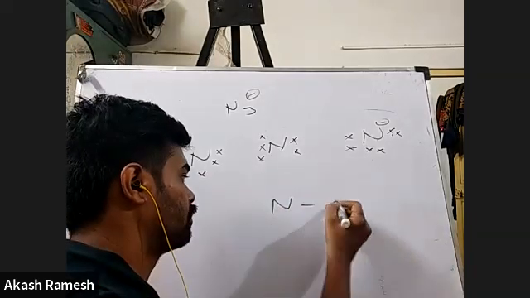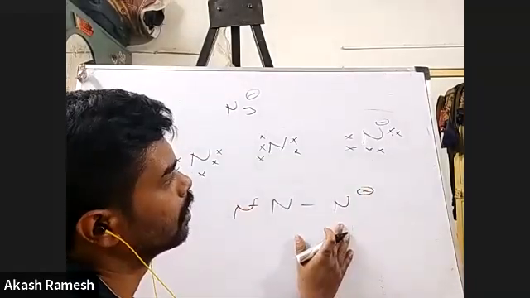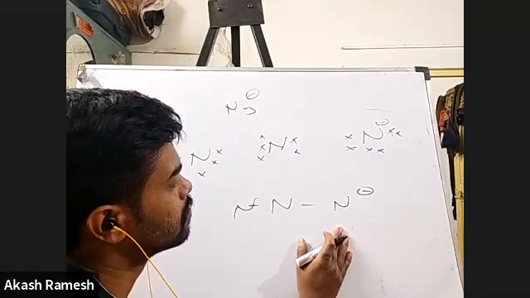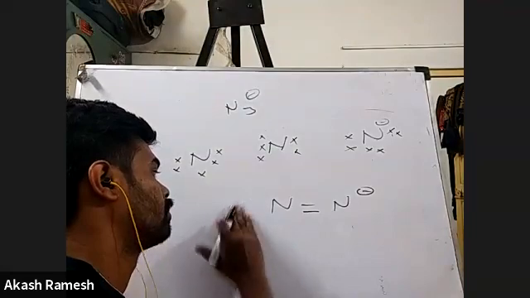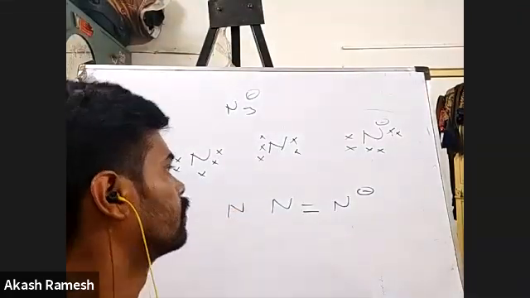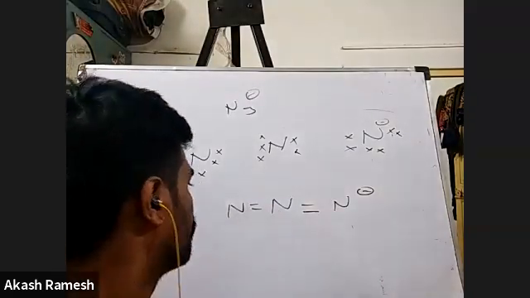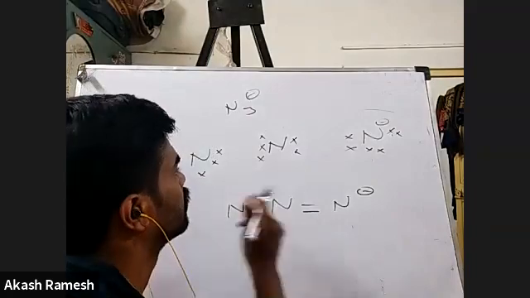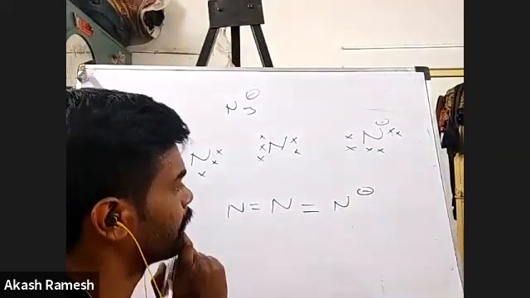Say now one is done. Okay, say one more. And if I put it like this, I'm going to have 1, 2, 3, 4. A single electron is there.